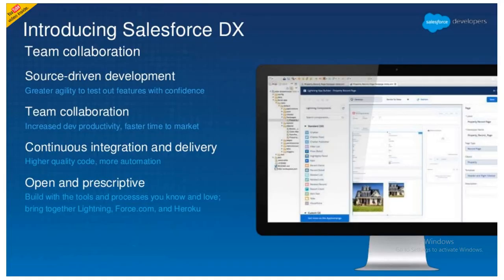And as we discussed, these are the main advantages of source driven development. It streamlines your entire deployment life cycle. Salesforce DX improves team collaboration and productivity, right? And it facilitates continuous integration.